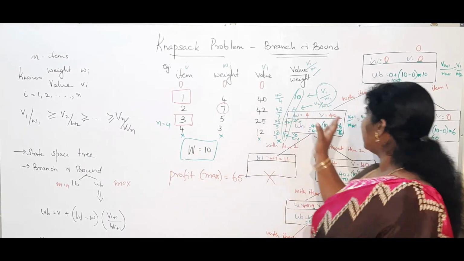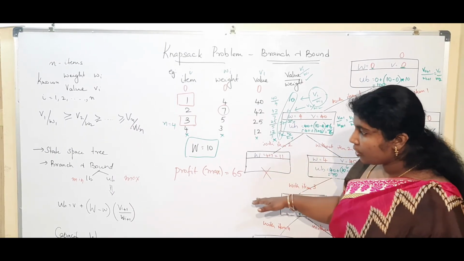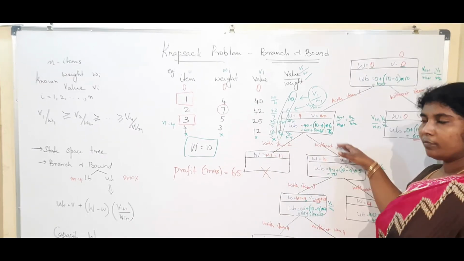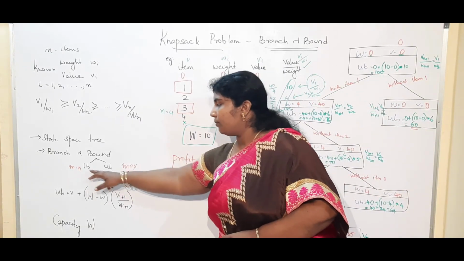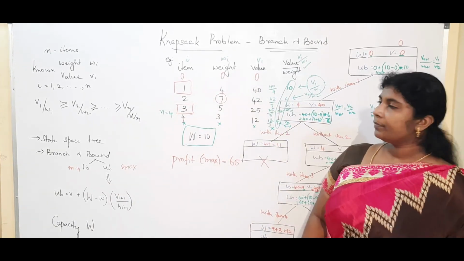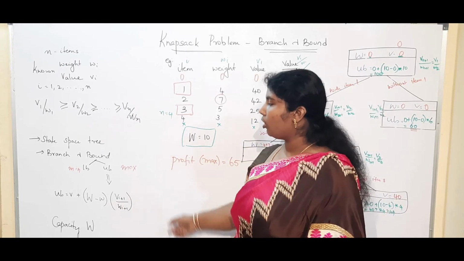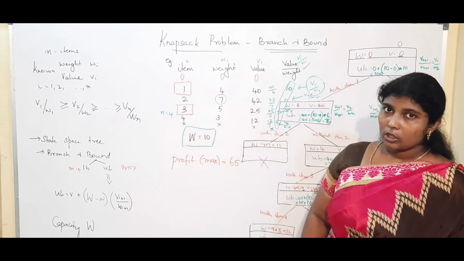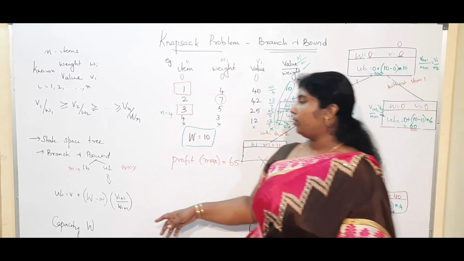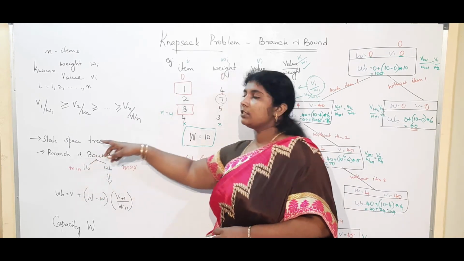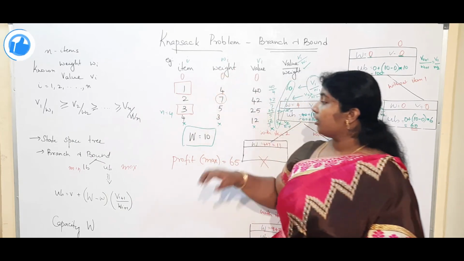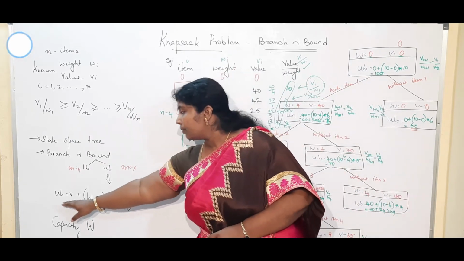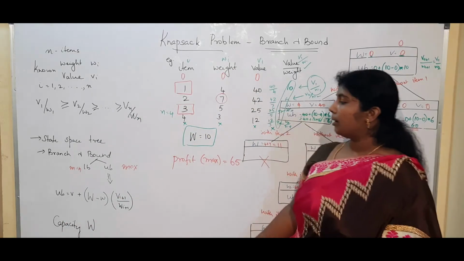We branch it in such a way that if we don't get a solution, we go back to the previous and try to find another solution. We have a bounding factor which is going to be either lower bound or upper bound. So depending on the problem, whether we need a minimum answer or maximum, we decide. Here in knapsack, we need the maximum, so we stick to the upper bound.